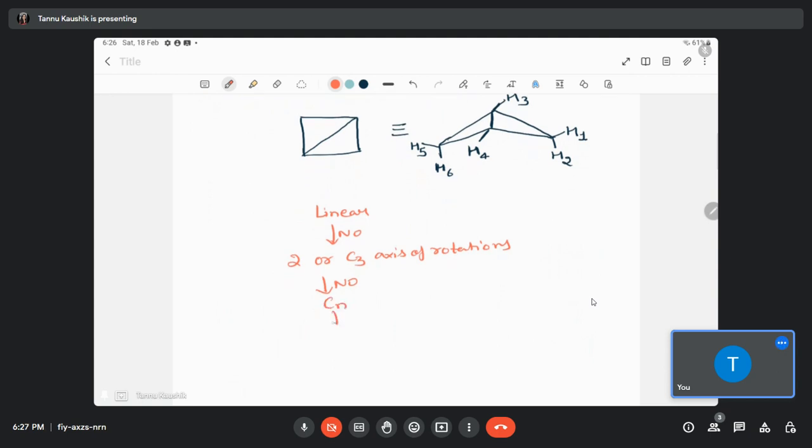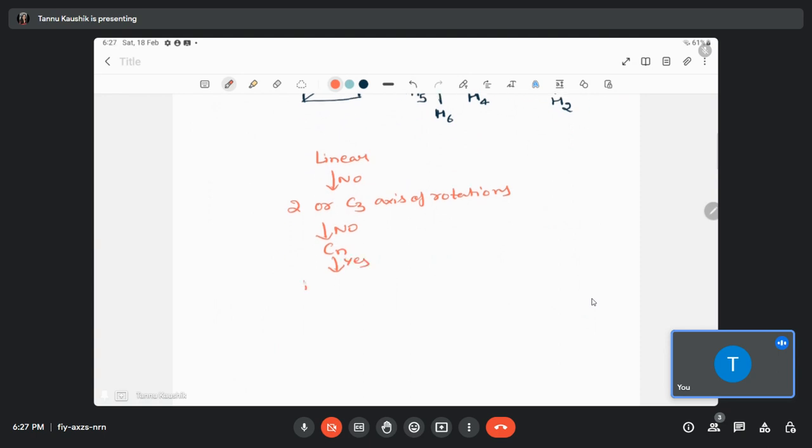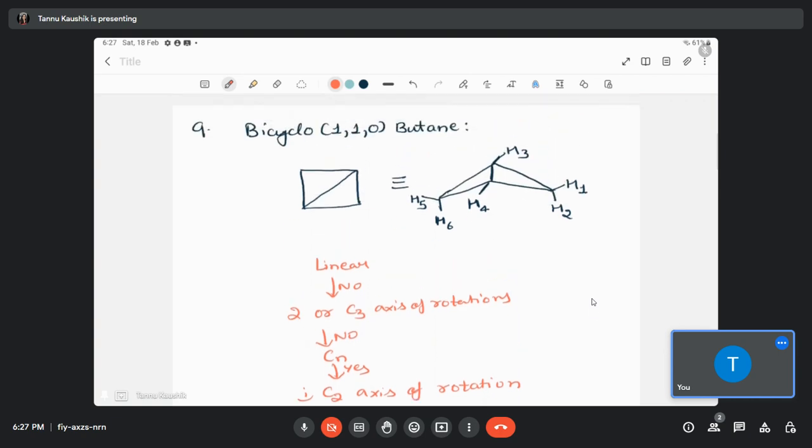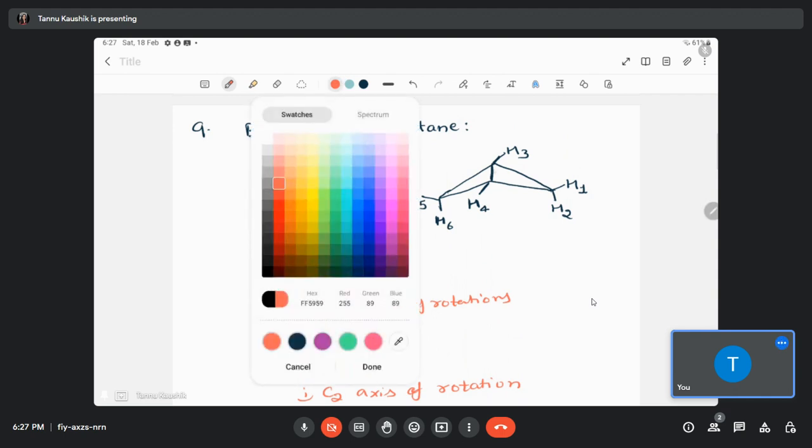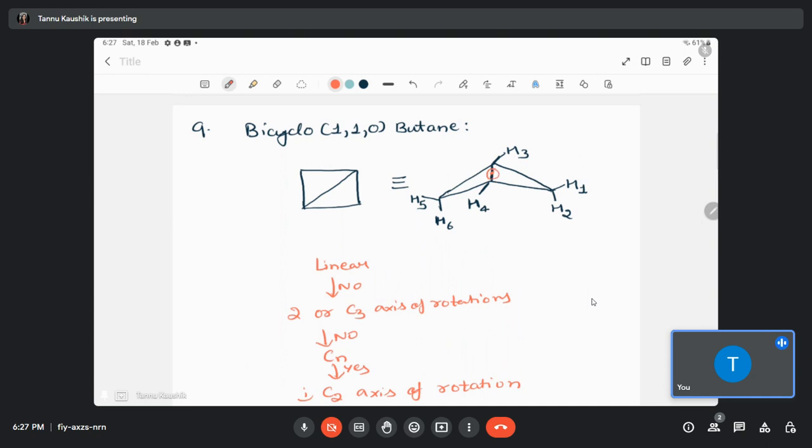So do we have a proper axis of rotation in the molecule? Yes, which is a C2 axis of rotation, which will be passing through the center of this bond and perpendicular to the board.